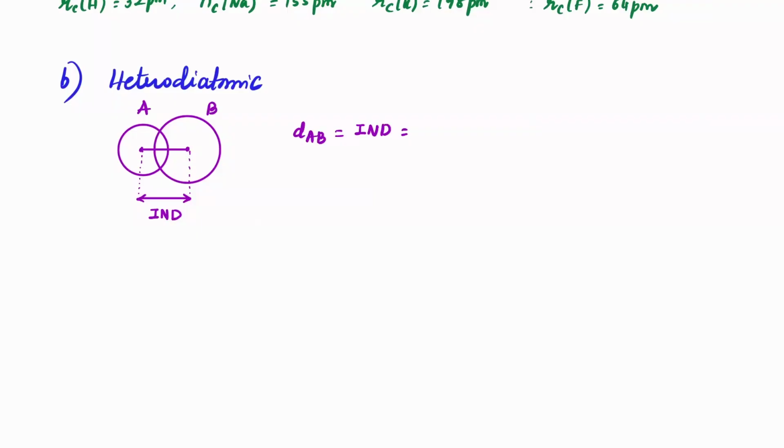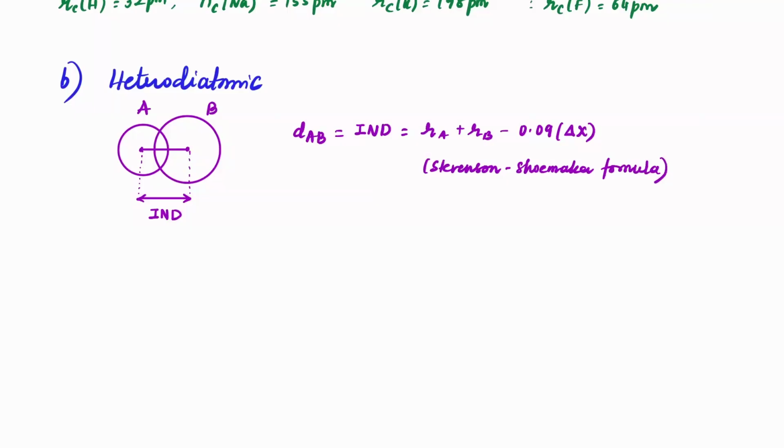Therefore, it is RA plus RB minus 0.09 into delta X, right? So this formula is called the Stevenson-Shoemaker formula, which basically helps us calculate the distance between two covalently bonded heteronuclear atoms.